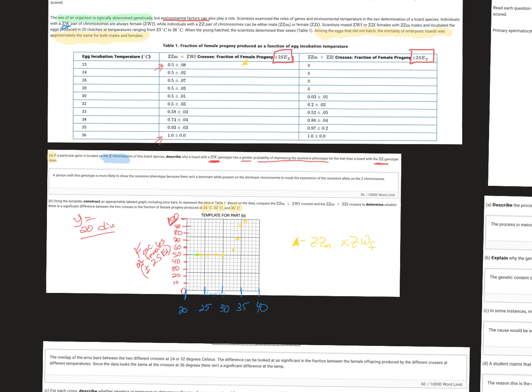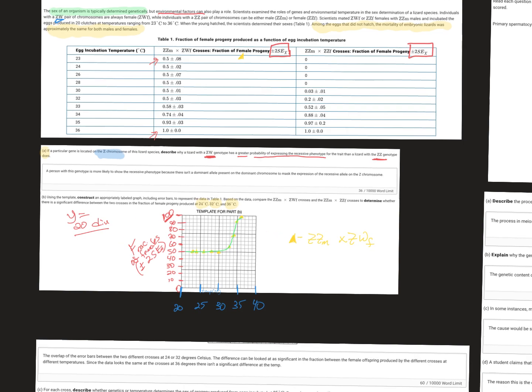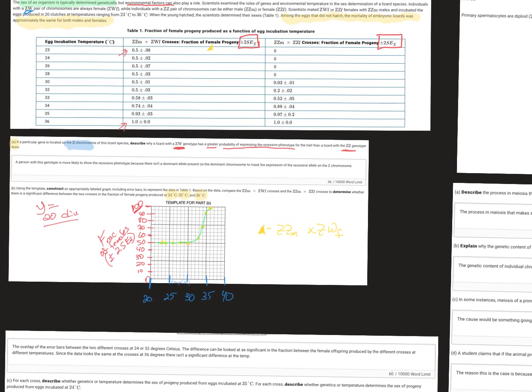It would be something like this, kind of an exponential curve, logarithmic growth, and then we have exponential growth there, with the fractions increasing quickly after somewhere around 30-something, 32. After about 32, we have a real steep increase in the fraction of females when I cross ZZ males with ZW females.